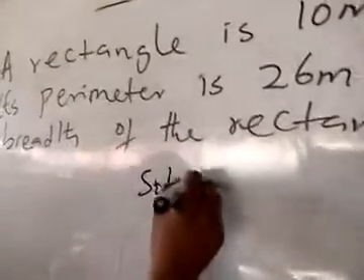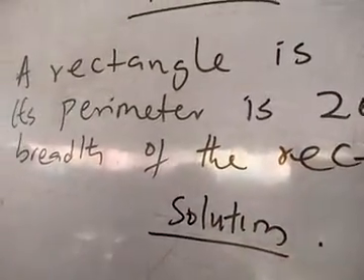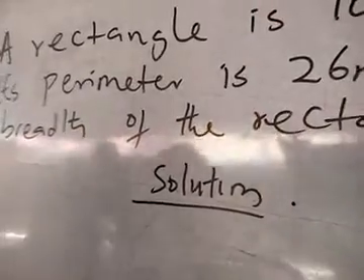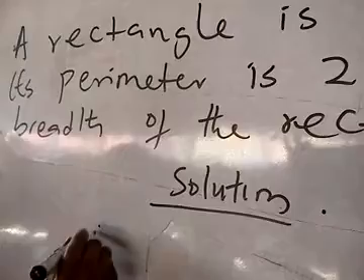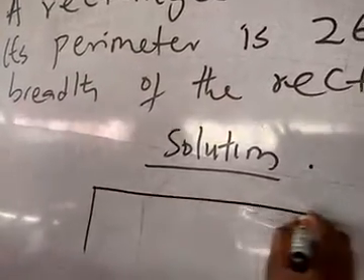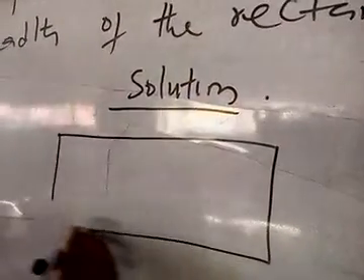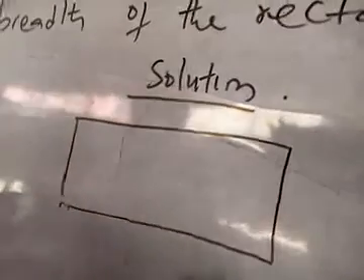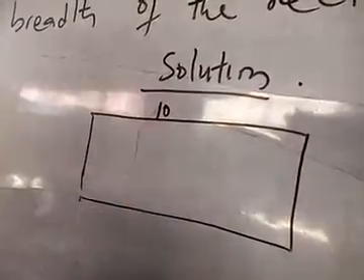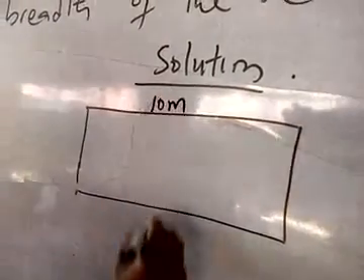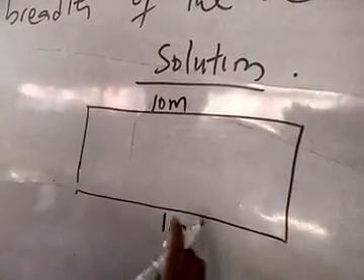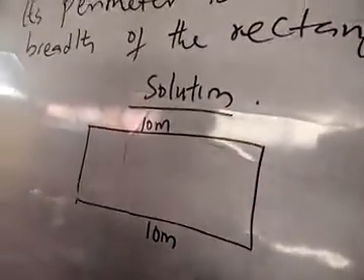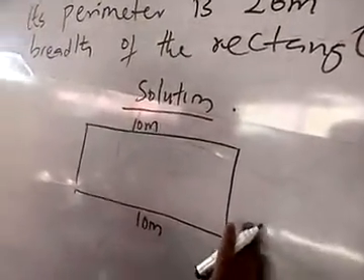Solution. First we draw the rectangle. This is the shape of what? Rectangle. The length is this side, 10 meters, and here is also 10 meters. You know that the opposite sides are equal. Now let us use B to represent the breadth.